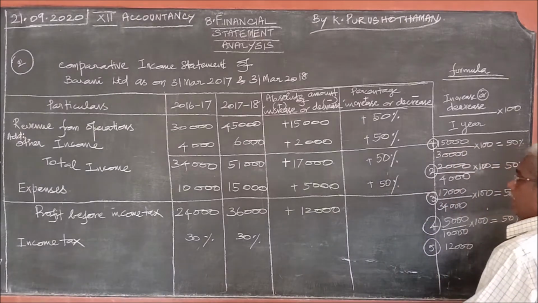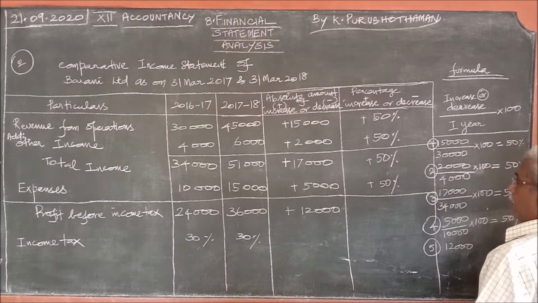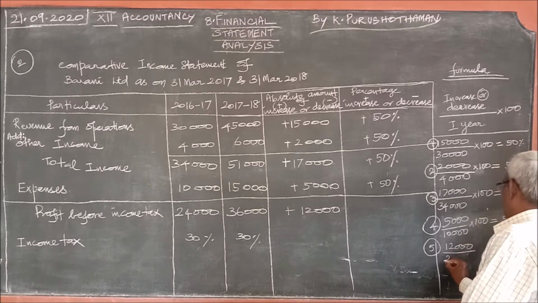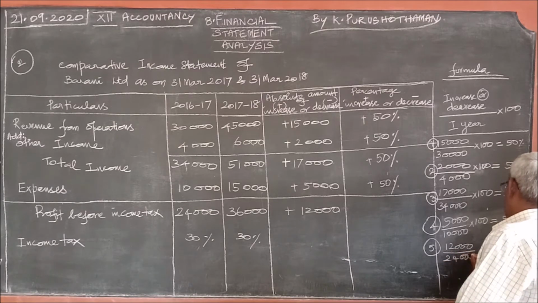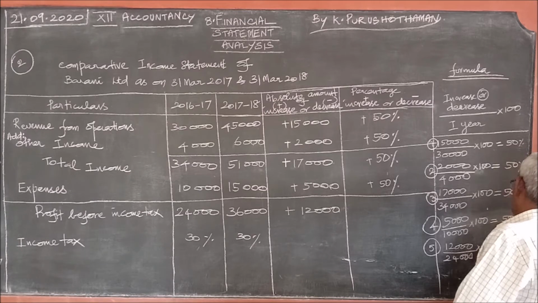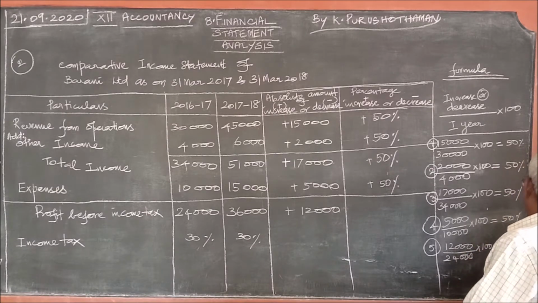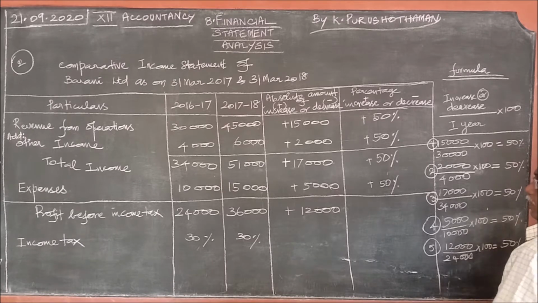Then for profits, it is 12,000 increase for 24,000 into 100. 12,000 by 24,000 into 100, by 2, 50%. Point number 5 is over.